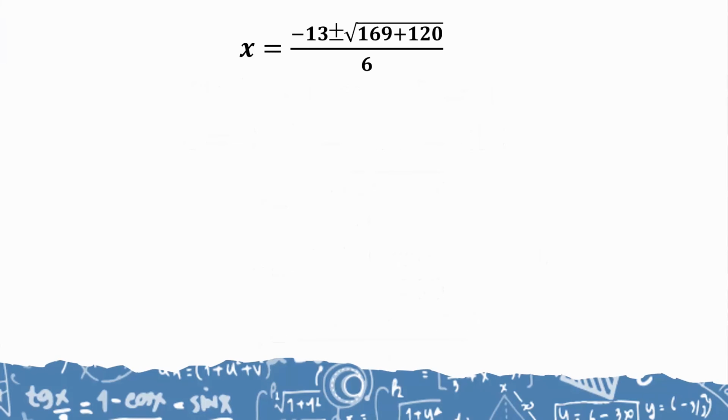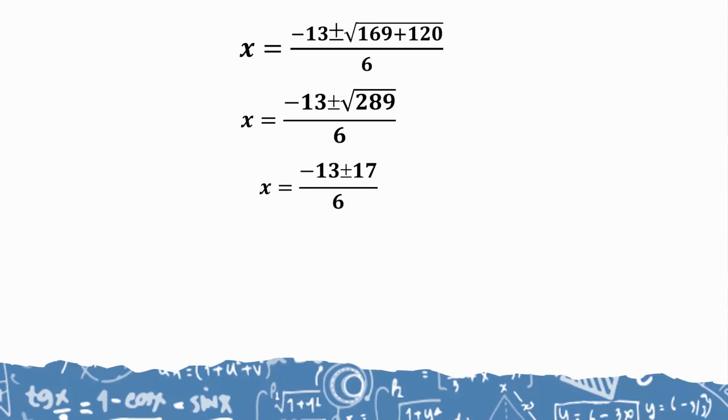Simplifying it further, we have x is equal to negative 13 plus or minus the square root of 289 all over 6. And getting the square root of 289, we now have negative 13 plus or minus 17 all over 6.